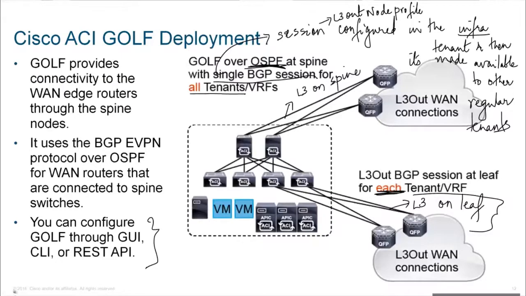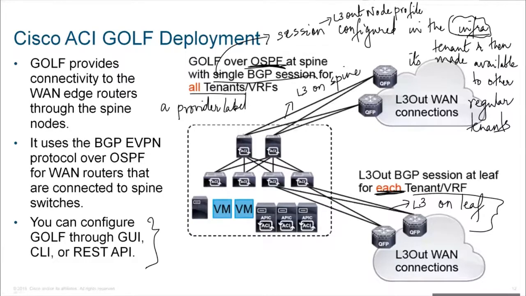I would need to configure the layer 3 out. Okay, that would be done in the infrastructure tenant. And this configuration that I configure will be given what's called a provider label.